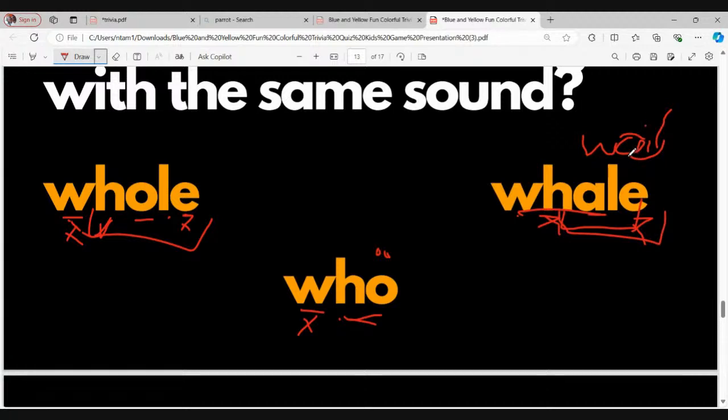Look for the word ail, as in trouble, being in pain, or facing some sort of difficulty. And this can help you to get the correct word in terms of the spelling.